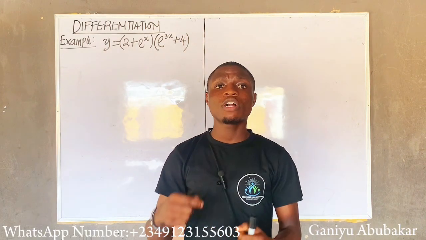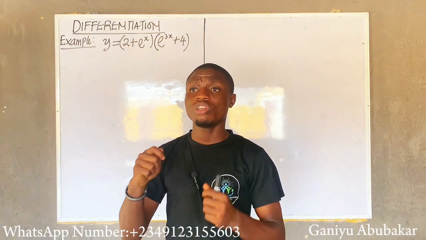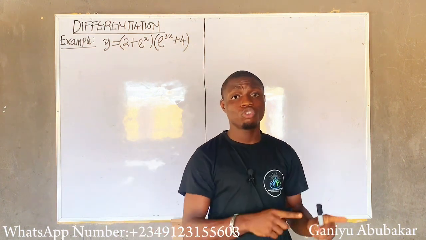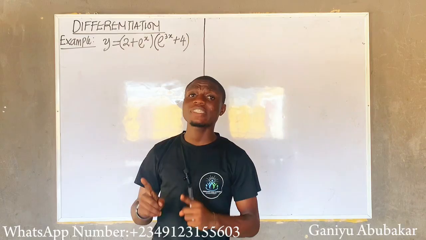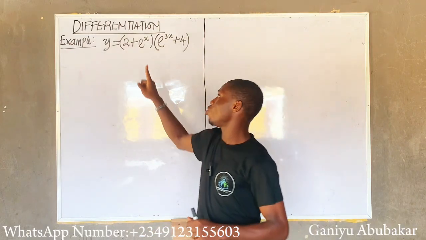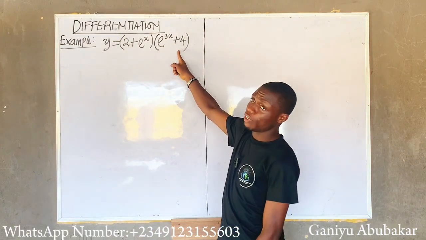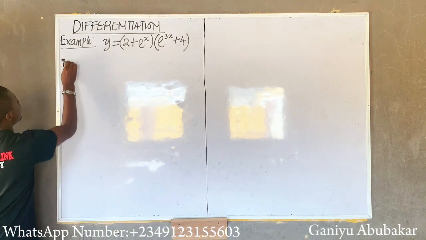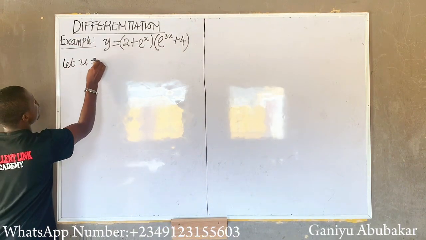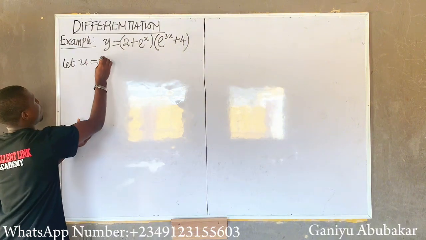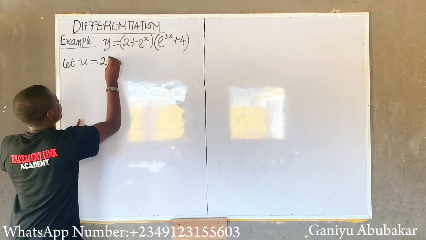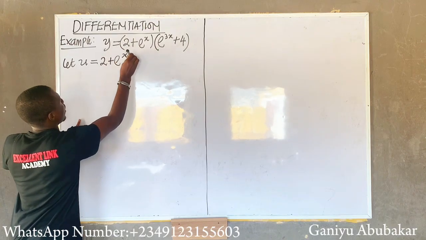Now let's go back to our initial product rule concept. When it comes to the product rule, your first task is to call this one U and this one V. So let U be equal to this first term, 2 plus exponential x.